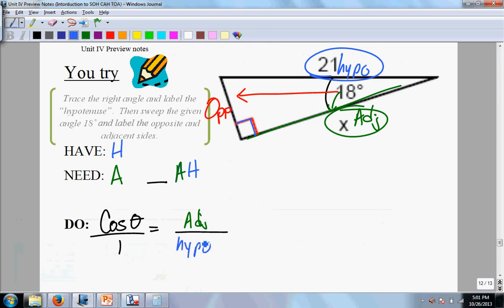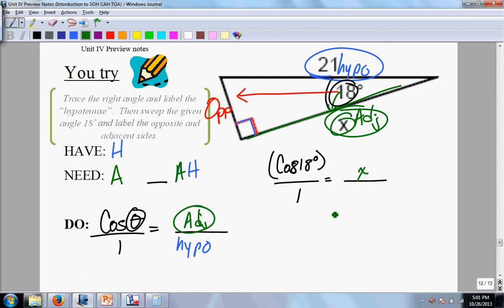Then you circle, plug, chug. Cosine theta, our theta is 18. So I'm going to come up here, rewrite cosine 18 degrees. Cosine. Put parentheses around that. Over 1 equals our adjacent, circle, circle, pick it up, x, over hypo, circle, circle, 21.